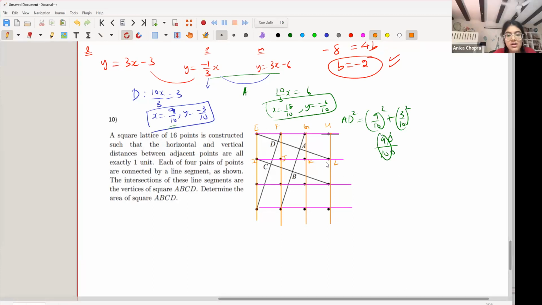Yes, so you can call AD X, one of the sides of the square, and similarly DE will also be X because EF is equal to FG. So by similarity of triangles EDF and EAG, and then you can do similarity for the point you haven't labeled.